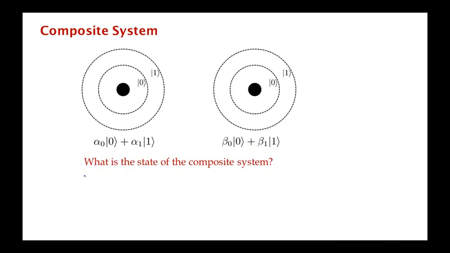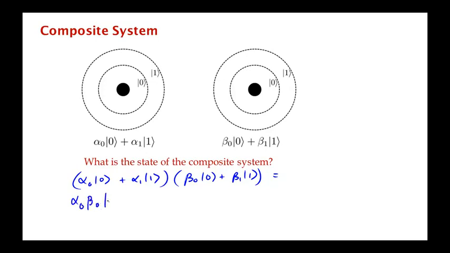Well, the answer is very simple. What you do is you just take a product of these according to this rule. It's sort of the obvious rule. So the amplitude of 0, 0 is just alpha 0 times beta 0.